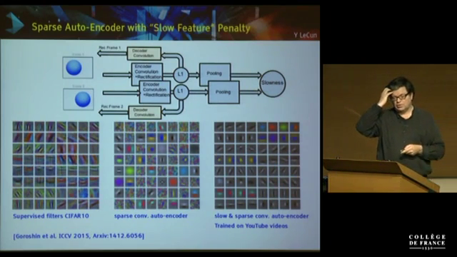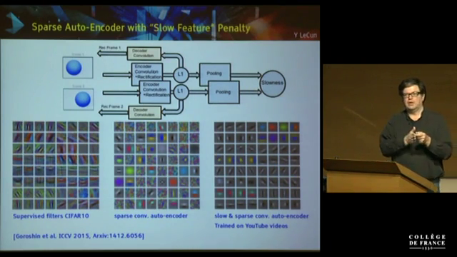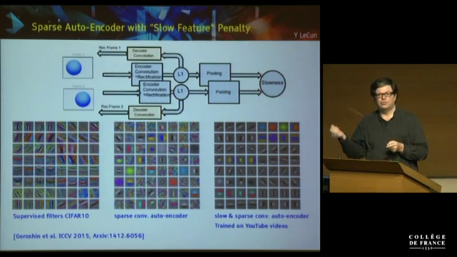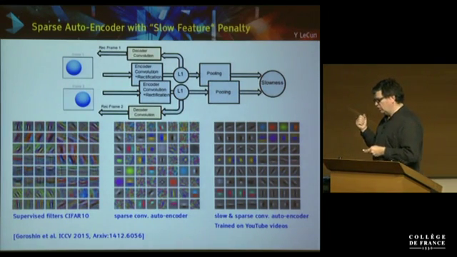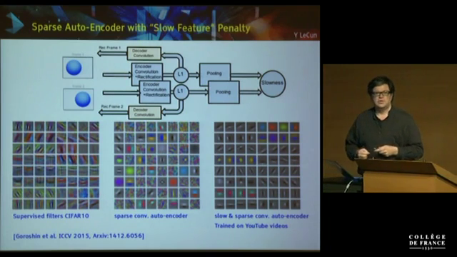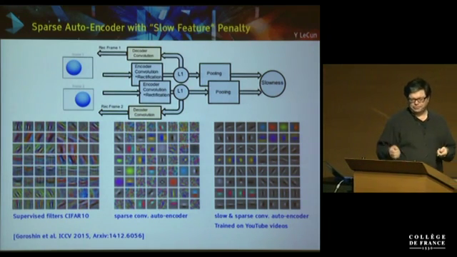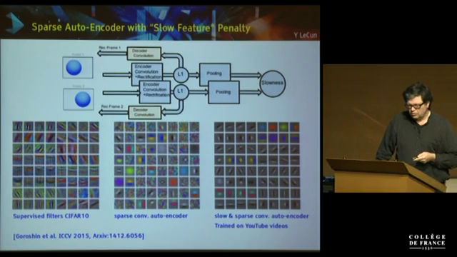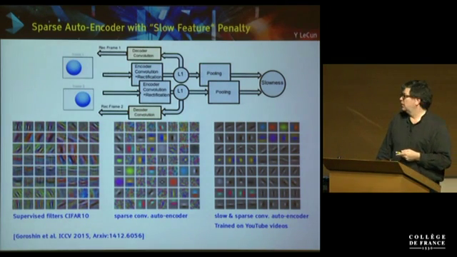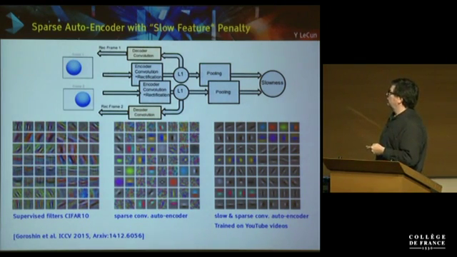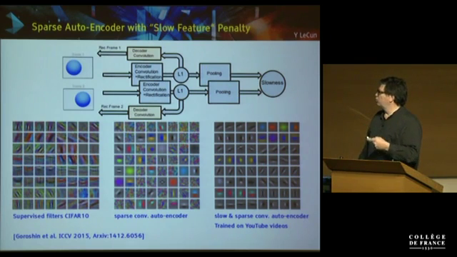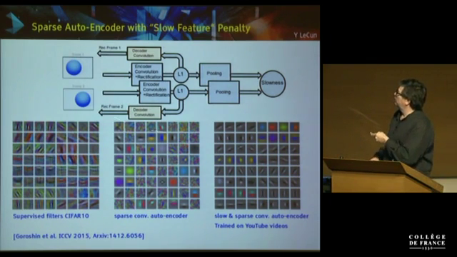So the idea of temporal learning using temporal consistency is an old idea. You had slow feature analysis proposed by neuroscience researchers in theory, a long-standing idea, but there are many different ways of implementing it. Here's a more recent way.